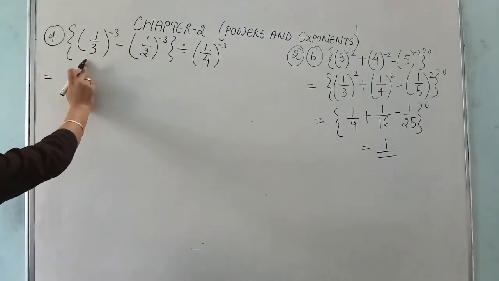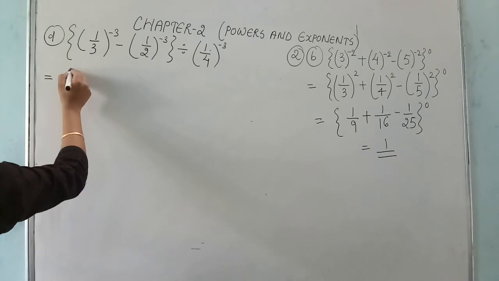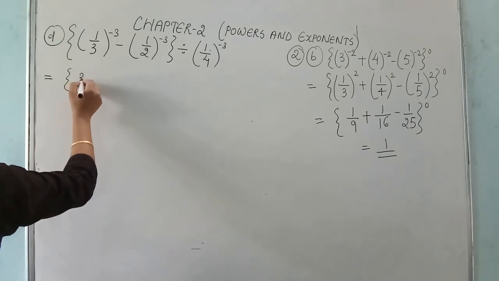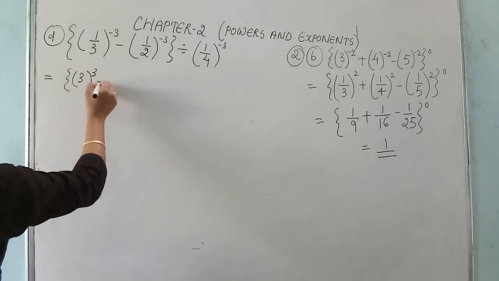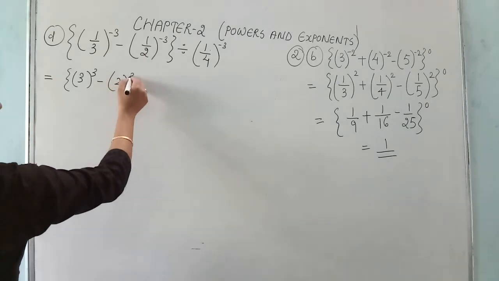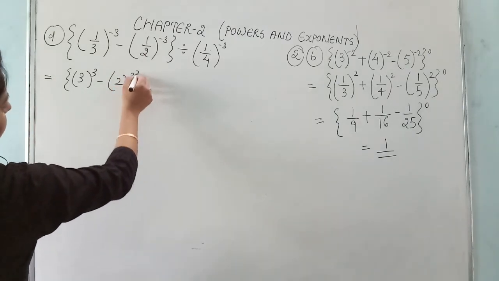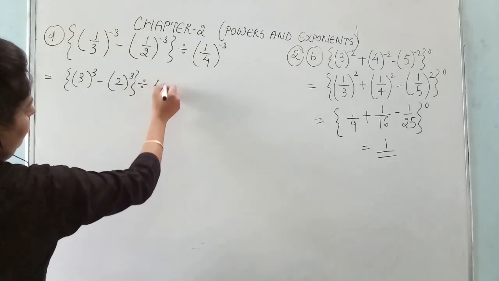1 by 3 raised to the power minus 3 will become 3 raised to the power 3, minus 2 raised to the power 3, divided by 4 raised to the power 3.